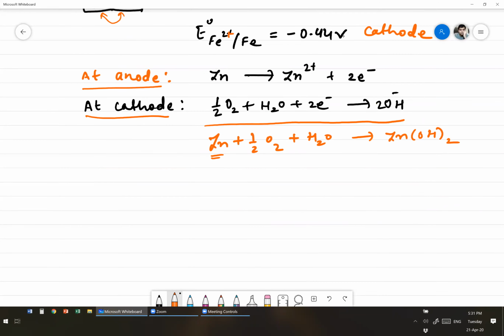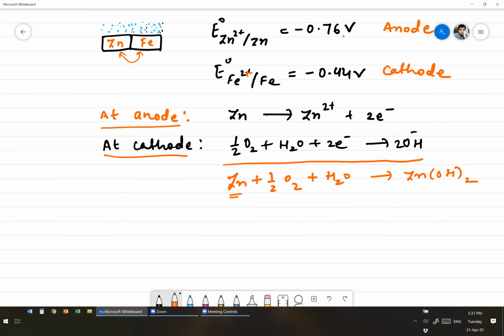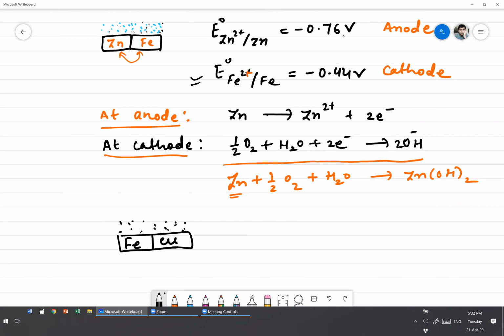Now you can take another example, of iron and copper metal. In this case, the standard reduction potential of iron we have already written, minus 0.44 volt, and the standard reduction potential of copper metal is plus 0.34 volt.